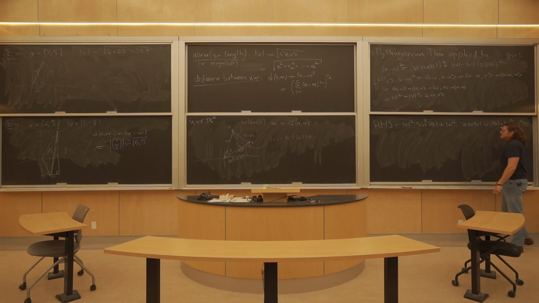Now consolidating this with this, we know that sine squared plus cosine squared is 1, so this just gives me v norm squared. So this has to equal to this.